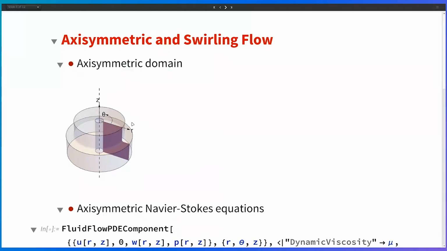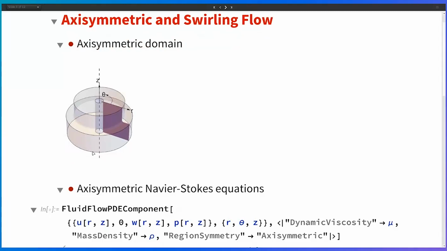So instead of using x, y, and z, we use radius r and angle theta, and the z component stays the same. We can then assume that the flow does not depend on the angle theta, and that the angular velocity component is equal to 0, and we then obtain the axisymmetric equations.